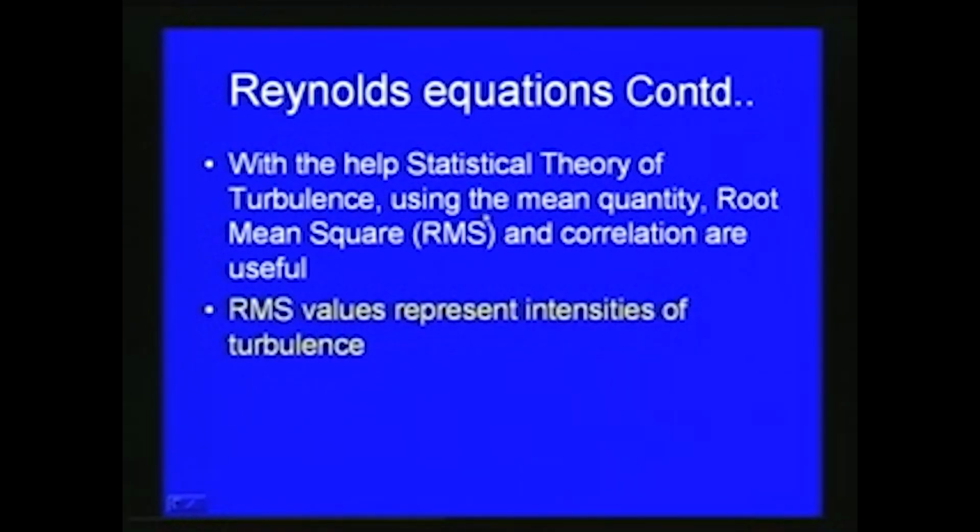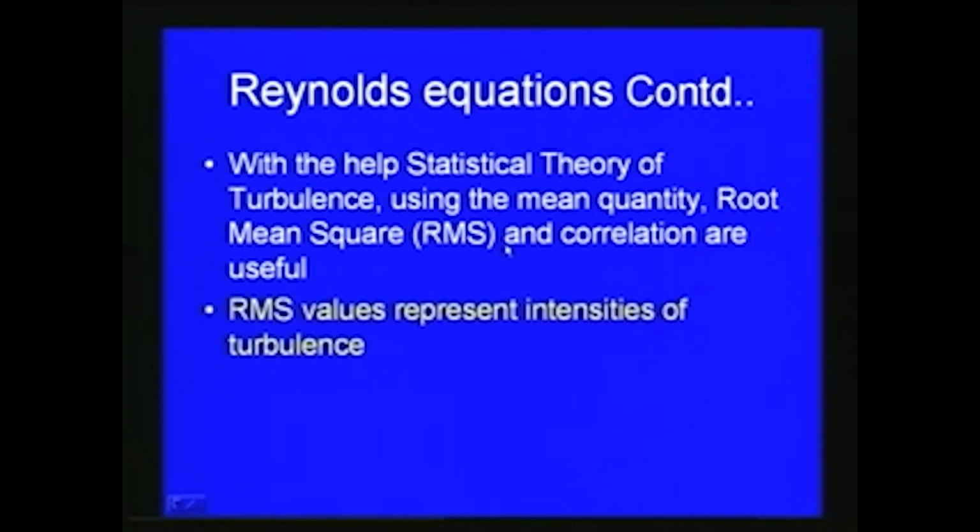So, in turbulent flow solutions, what scientists generally do is use some of the statistical theory of turbulence. Some of the probability aspects and statistical theories are used, using the mean quantity, root mean square, and correlations, to get a solution in the case of turbulent flow.